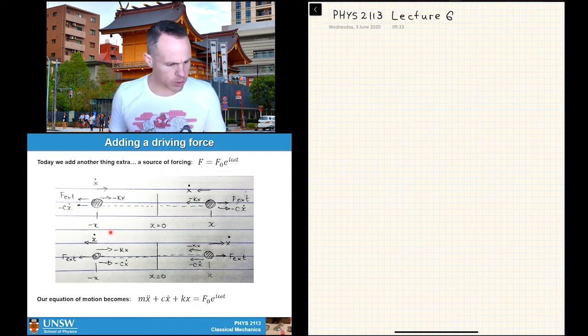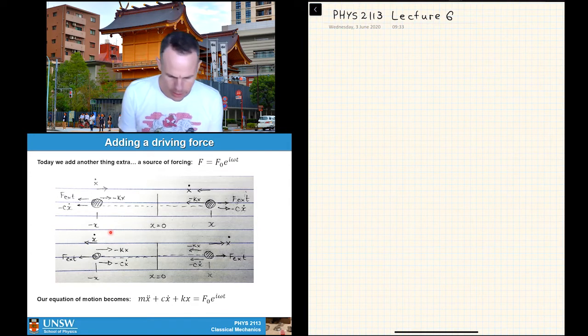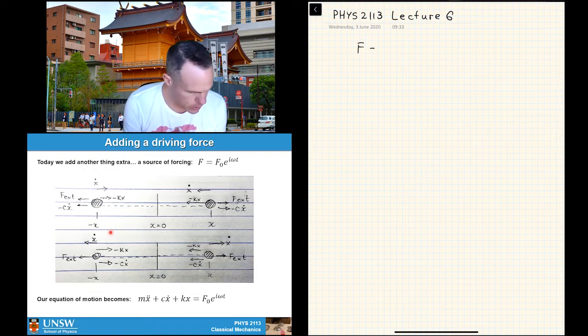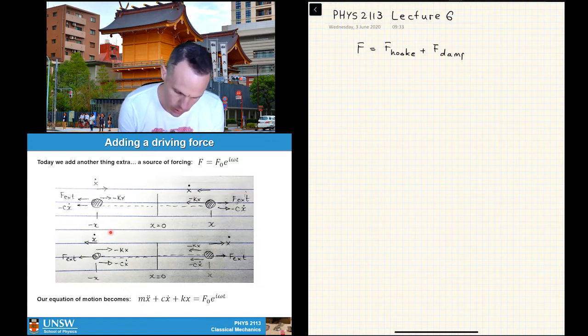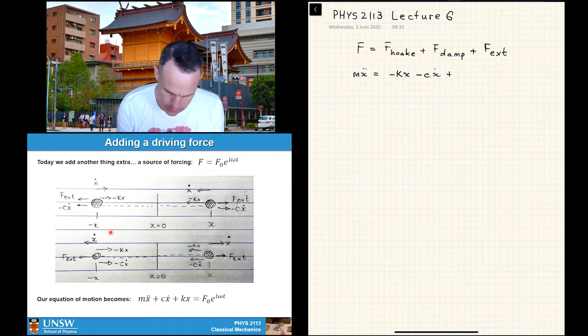And so if we balance this all together, we end up with our total force being equal to our Hooke's force plus our damping force plus our external force. And if we pull this all together, we've basically got m x double dot is minus kx minus c x dot plus F naught e^(i omega t).